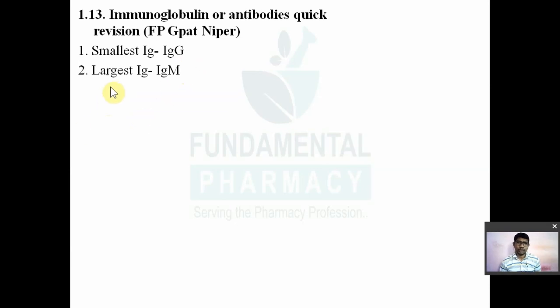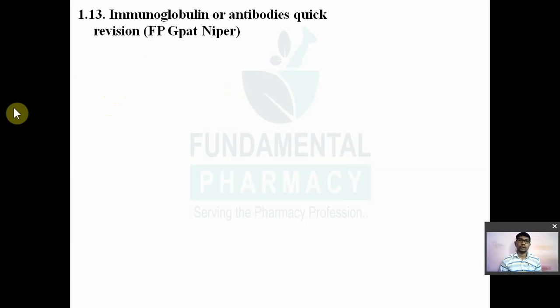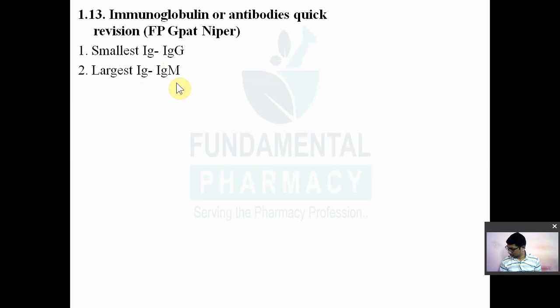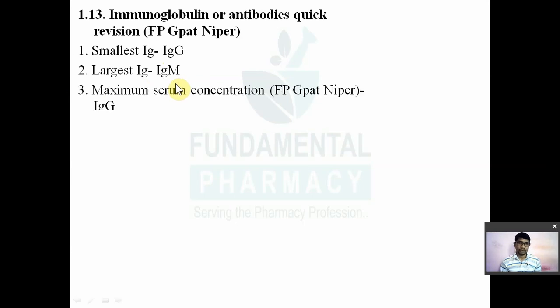Then immunoglobulin M is the largest molecular weight antibody.